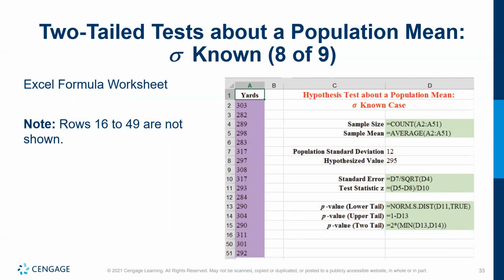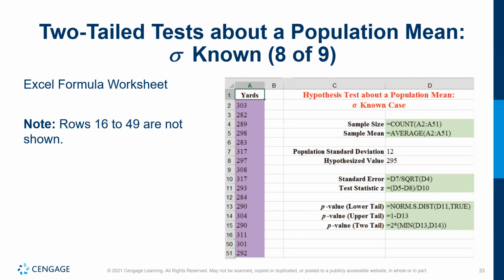To find the standard error, we just take the population standard deviation divided by the square root of the sample size, and then to find our test statistic, we're just going to take the sample mean minus D8, which is the hypothesized value, divided by the standard error. Okay, and that was the formula I was telling you you're going to need. Okay, not bad once you figure it out.